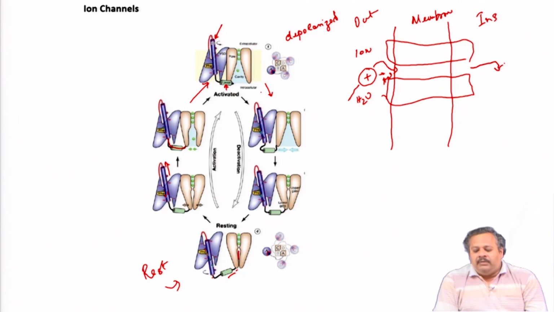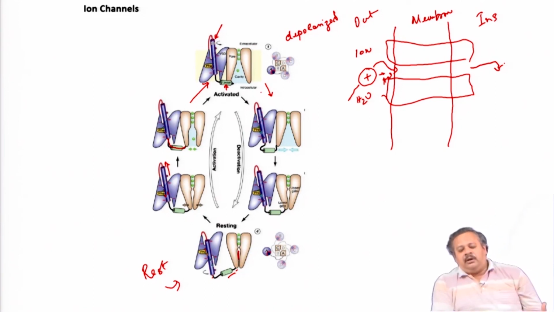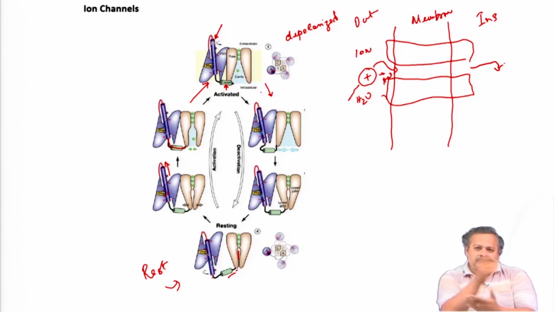So, in between there must be some stable locations through which the ion can travel into the inside of the neuron, or the opposite way, from the inside to the outside of the neuron.